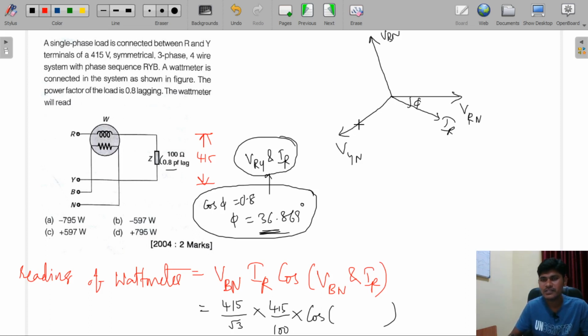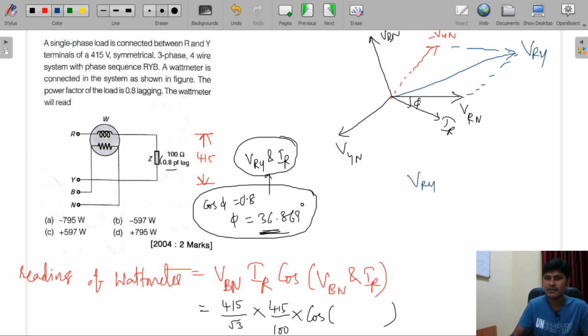So now let us draw VRY. If this is VYN, then you're going to have this as minus VYN. Phasor sum of VRN and minus VYN, phasor sum of these two is VRY.